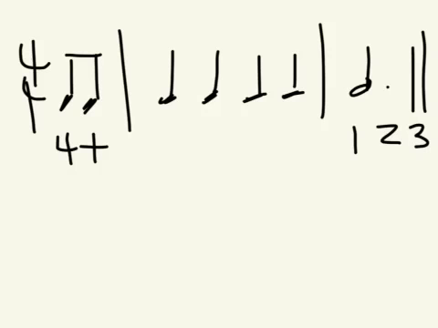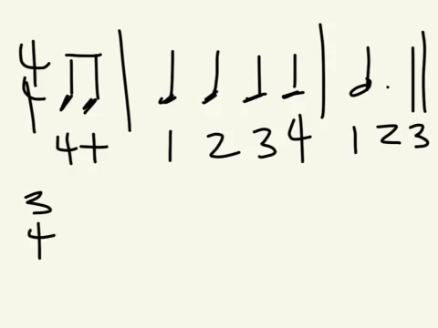When I count you in on a pickup, I would count 1, 2, 3, and you come in on 4 and 1. A pickup beat doesn't have to only be one beat. Sometimes it's half a beat, sometimes it's 2 beats. If I'm in 3/4 time, I could have an 8th note here. How many beats would I have in my last measure if I used an 8th note as my pickup, my anacrusis?